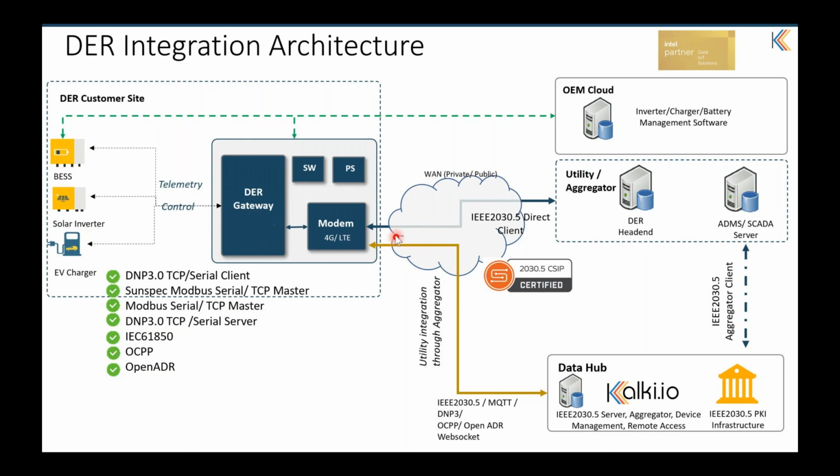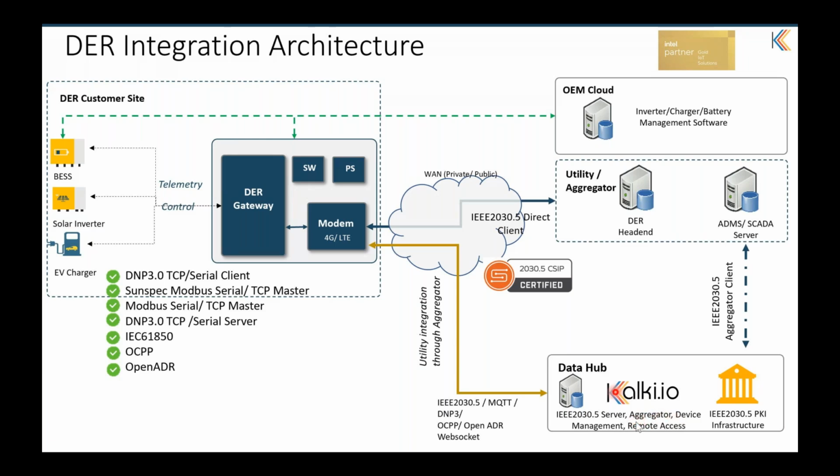And the gateway can provide a direct 2030.5 connectivity with the utility head-end, if the utility prefers to connect directly from the field, or else the gateway can send data to an aggregator. The data hub, which sits in the cloud, can act as aggregator software as well, with a 2030.5 server and aggregator client.